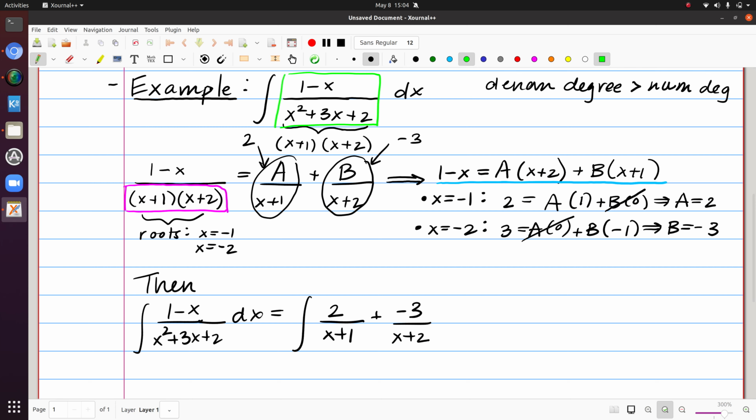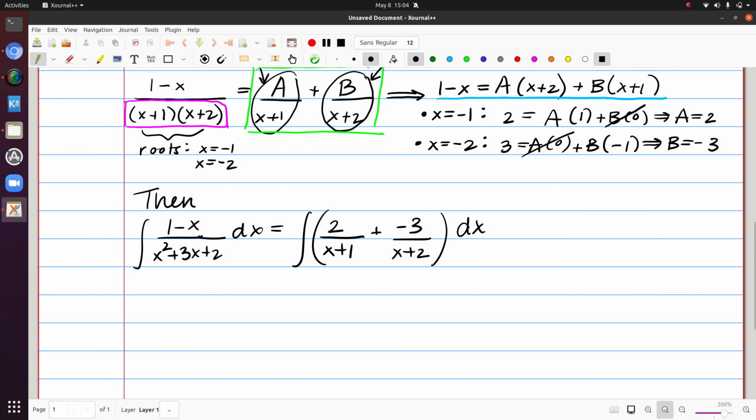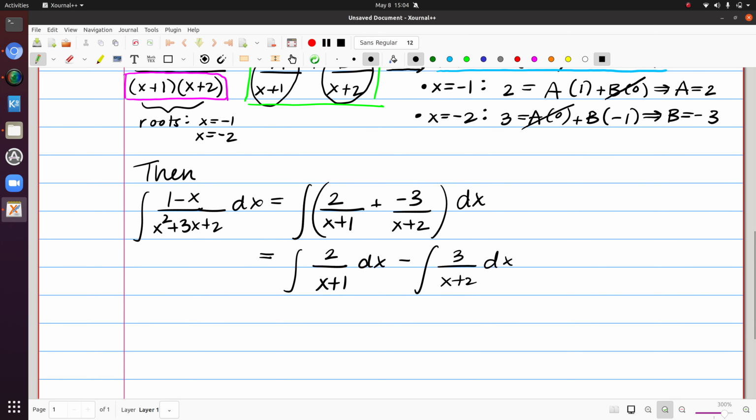So we've replaced the original integrand with its equivalent representation. And the reason this is advantageous is, notice what we have here. I can split this up as just the integral of 2 over x plus 1, and maybe let me put the minus the integral of 3 over x plus 2. And I can deal with these integrals.